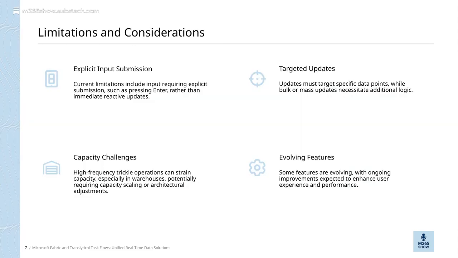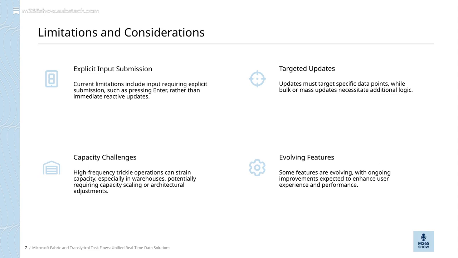Now, let's look at some of the limitations and considerations we need to keep in mind. First, it's important to understand that some features within Microsoft Fabric and translytical task flows are still evolving. This means we can expect ongoing improvements that will enhance both the user experience and overall performance over time.